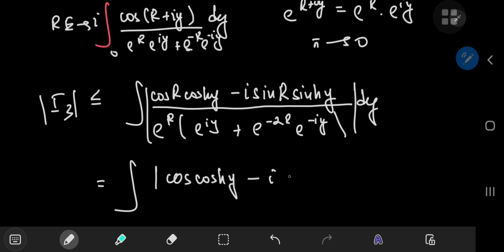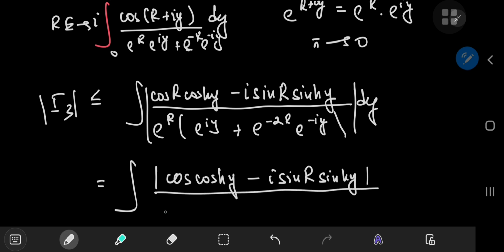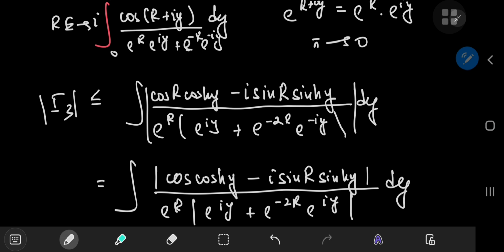There. Are you happy I didn't say upstairs and downstairs, despite instinct telling me otherwise? So upstairs you have this modulus, and downstairs e to the r is just a positive number, and you have the modulus of e to the iy plus e to the negative 2r e to the negative iy, and dy, of course.